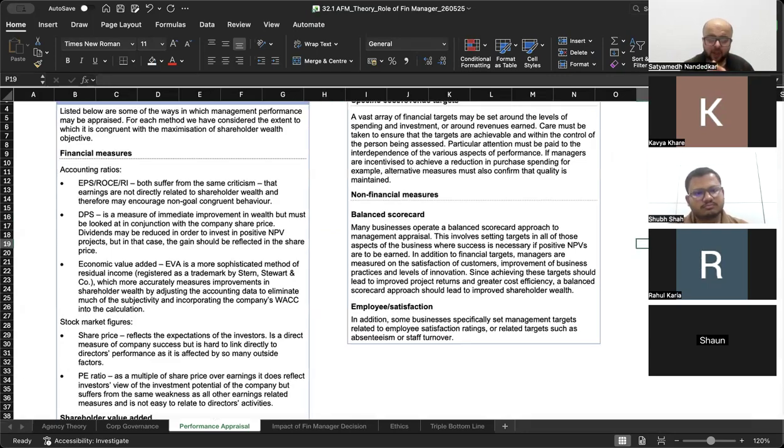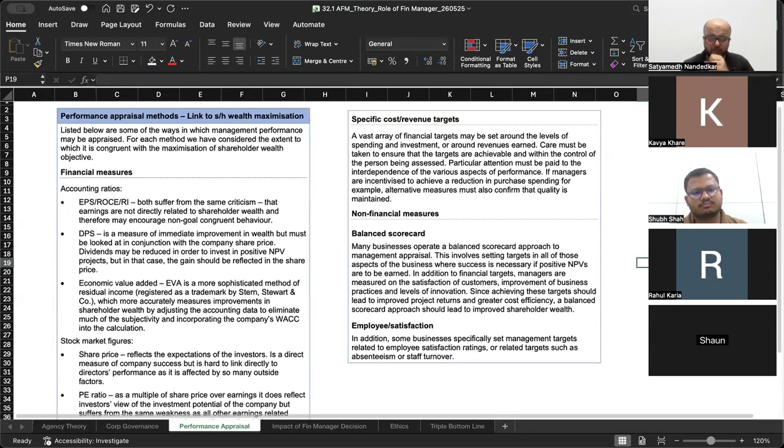Okay. Now, along with that, evaluating performance could also include setting up specific cost and revenue targets. Achieving a particular cost control target is what will help you, or the performance of the manager could be evaluated on how much revenue he is driving or how much cost control he has been able to achieve.